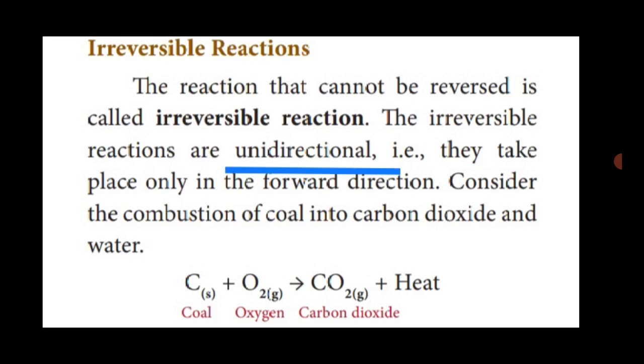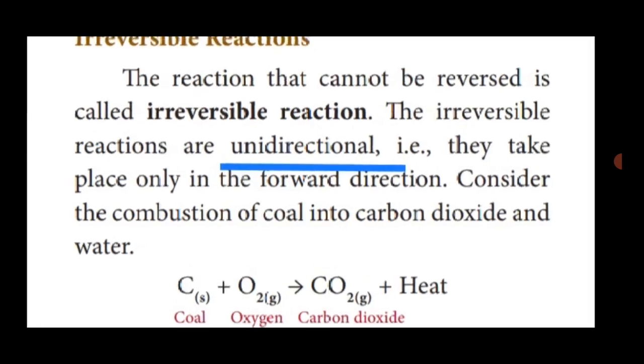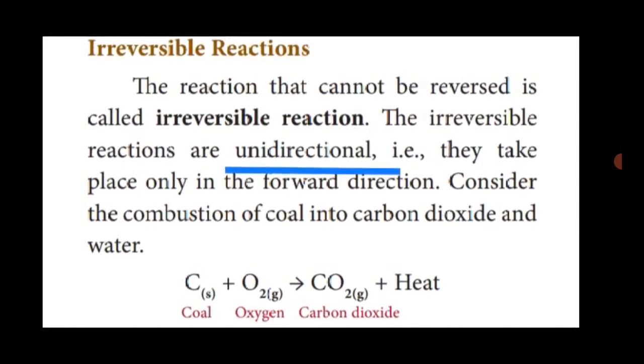All combustion reactions give energy. What energy? Heat energy. This is one of the irreversible reactions. These are the two types of reaction. One is reversible reaction, another one is irreversible reaction. In reversible reaction, reactant changes into product, again product goes back to reactant. One is forward reaction, another one is backward reaction.